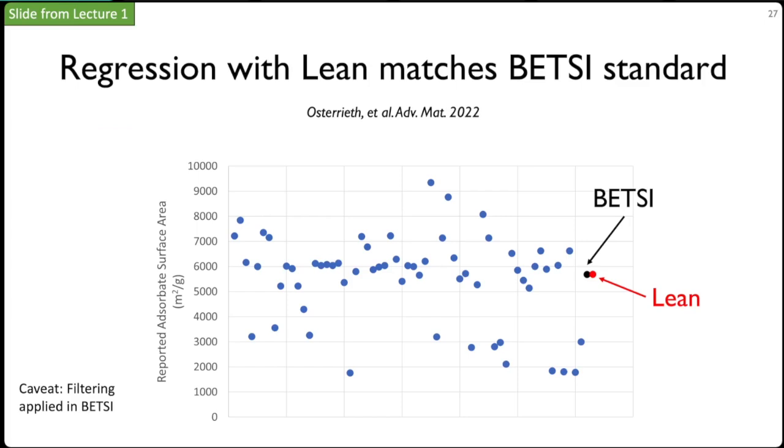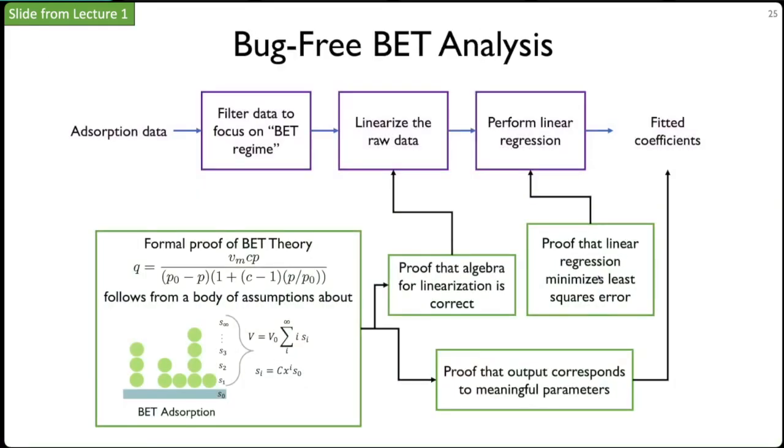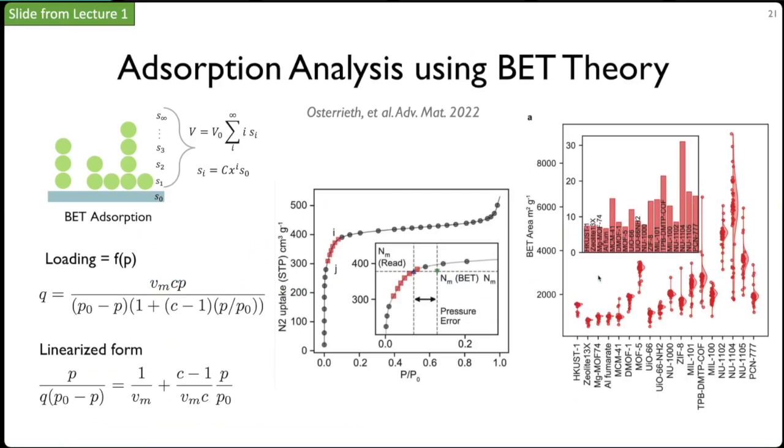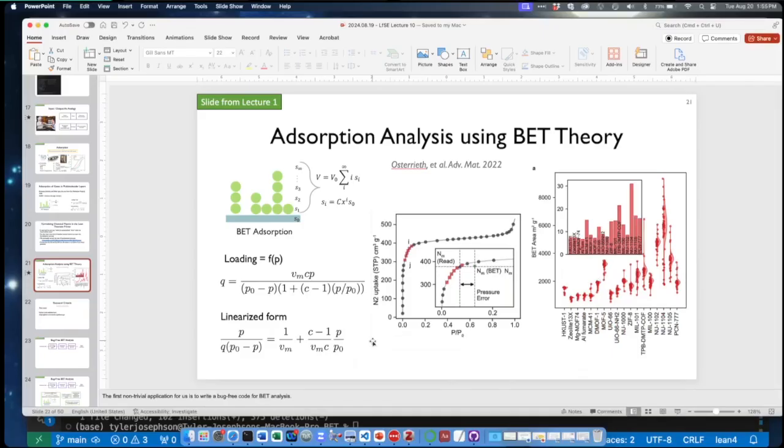Now, there's some caveats on how you should be thinking about this, because you come back to these Roquerol criteria.